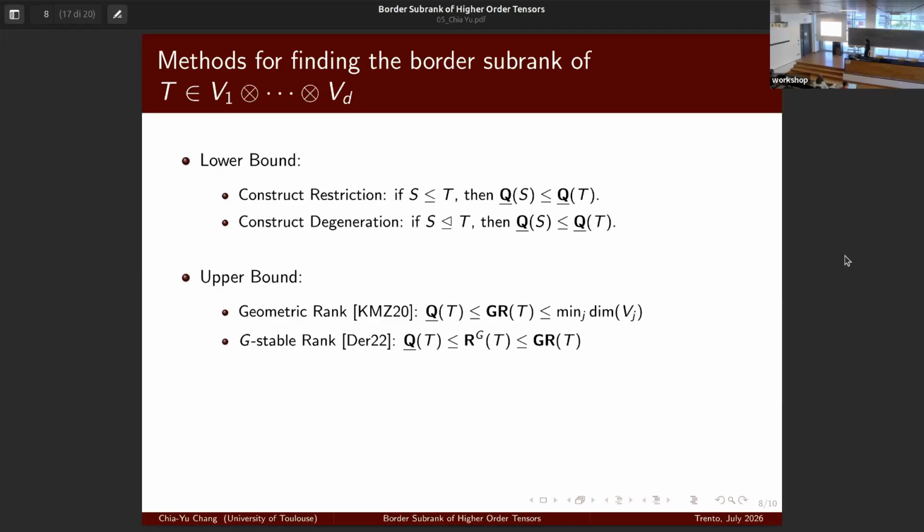In the case that the geometric rank is maximal, equal to this minimum number, and it's hard to construct a degeneration for the lower bounds, then we will consider another rank called G-stable rank, which was introduced by Ham in 2022, and this lies in between border subrank and the geometric rank. So if geometric rank does not work, then we will use this G-stable rank.